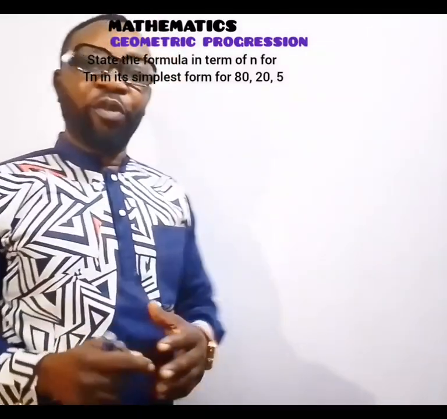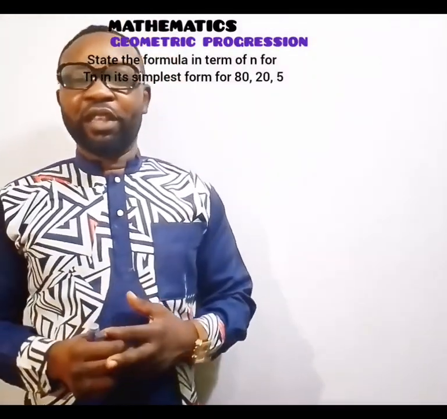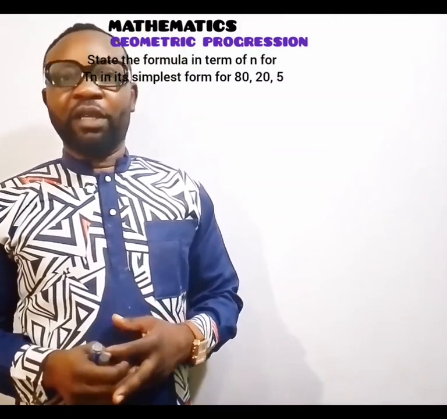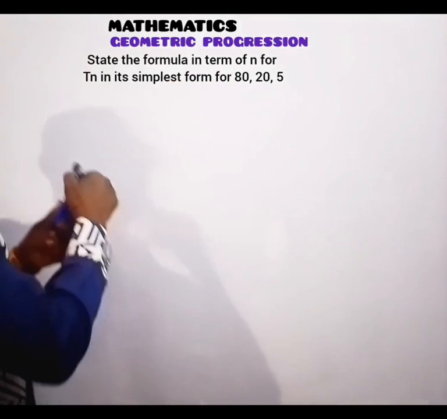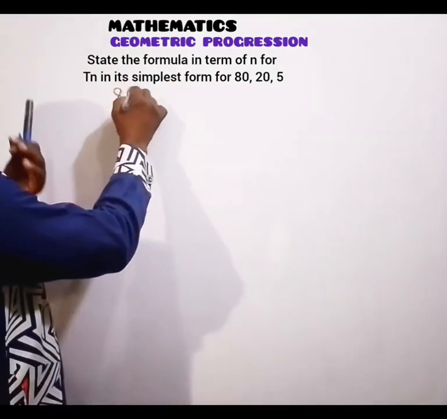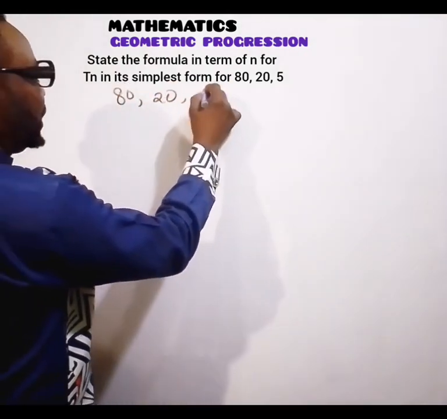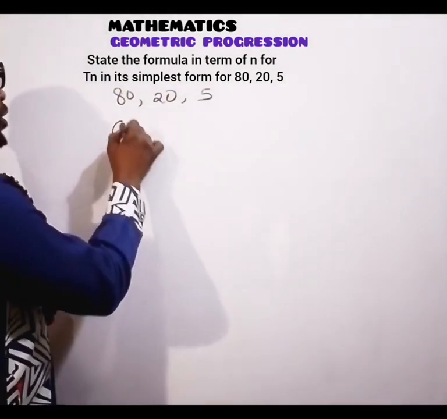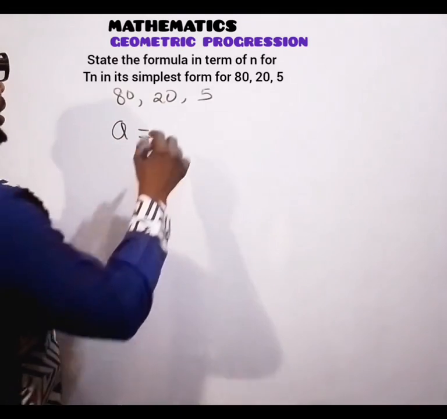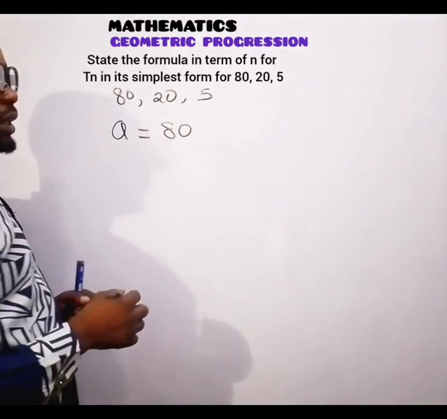The question we have here is also asking us to find the formula in terms of n for the terms of geometric progression given to us here. We have the terms to be 80, 20, and 5. Clearly, our first term, which is represented by a, is given to us to be equal to 80.